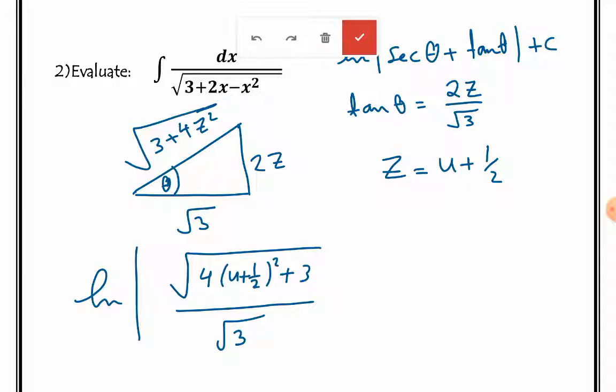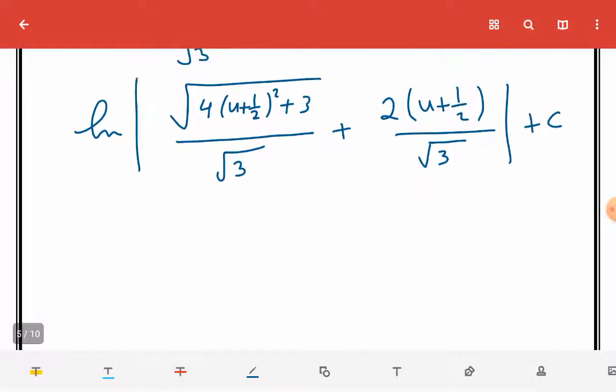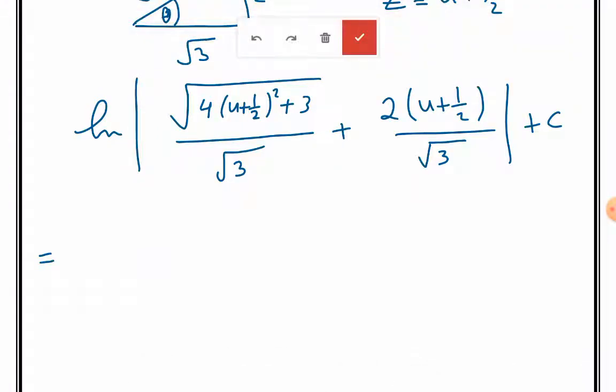Nice. Plus tan, which is opposite over adjacent: 2z, and z is u plus half, over radical 3, plus c. We didn't finish, I tell you. We should do one more step to return the u to x.